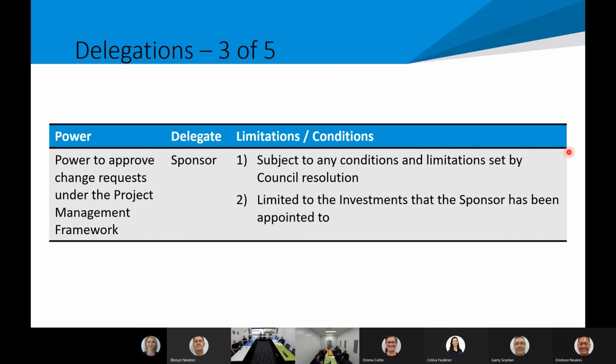That's not what we're trying to capture here. We're trying to capture those changes that have an impact on that business case and the validity of the project. So this is one also that through consultation we're monitoring, to see what the impact on workload is, of how this actually plays out.